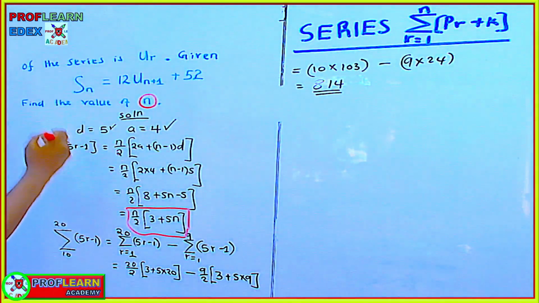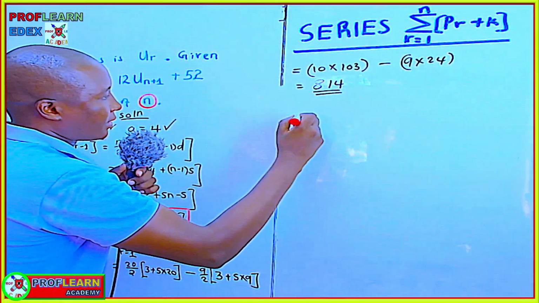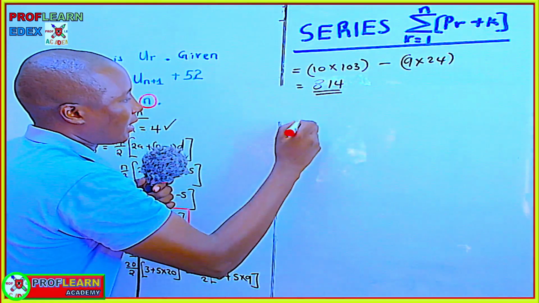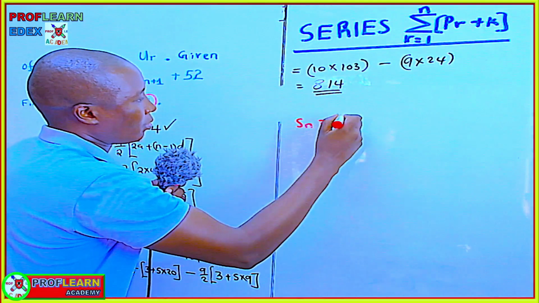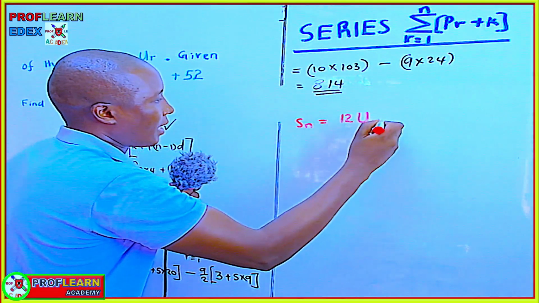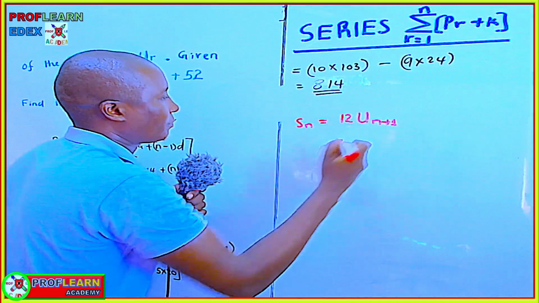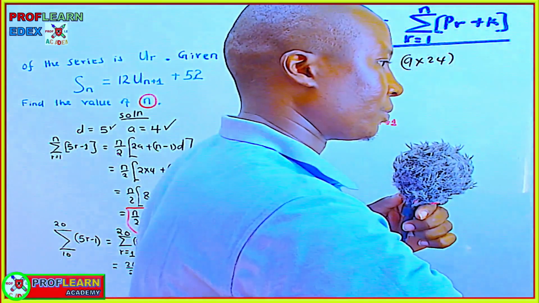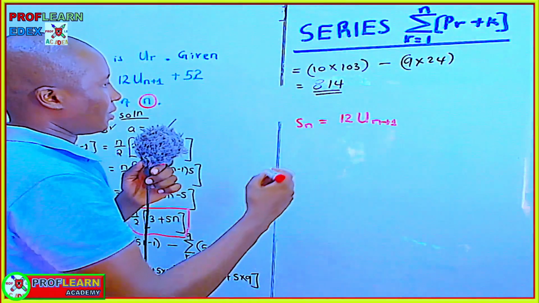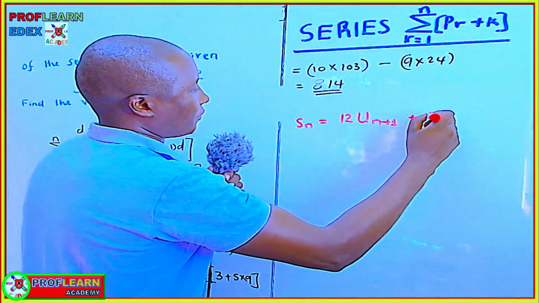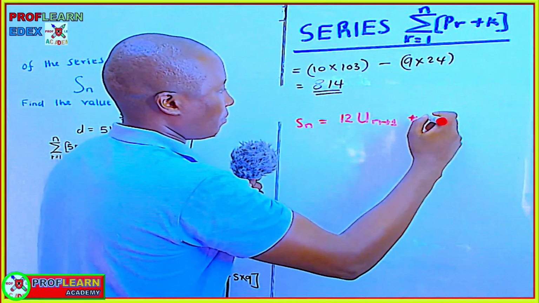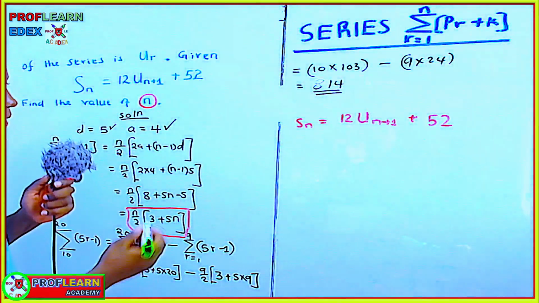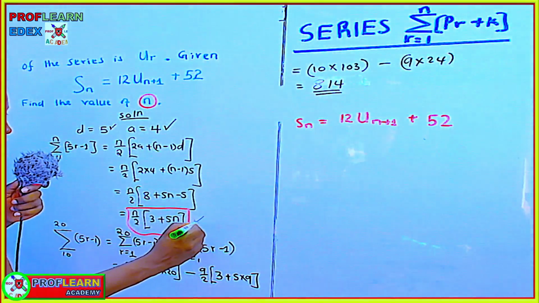So if we are saying Sn is equal to 12 into U(n plus 1), then plus 52. So how are we going to go about this question here? Now, the sum of n terms is represented by this expression.